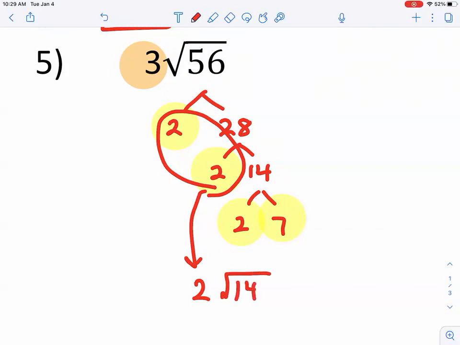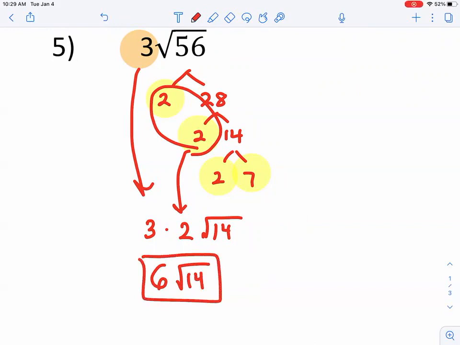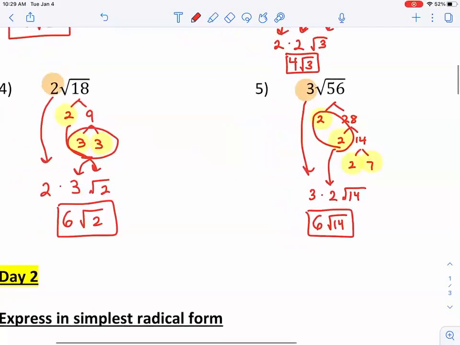So I do 2 times 7 underneath because neither one had a pair. And then don't forget I have to bring that 3 down from out front. So our final answer will be 6 square root of 14.